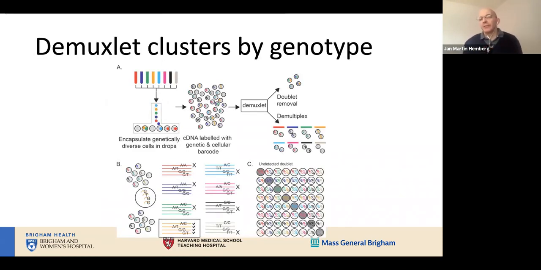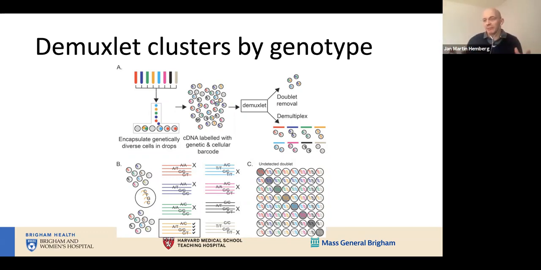Again, going back to the more pre-processing stage of this, one challenge you have here is that if you sequence each donor separately, then you'll have the problem of batch effects. But there is, of course, a way to get around that, and that is to pool all of your cells together and then sequence them.